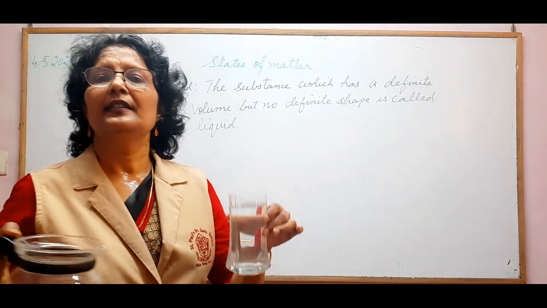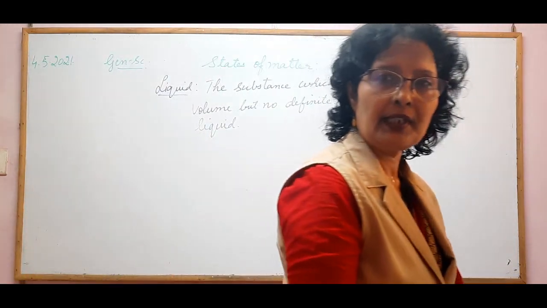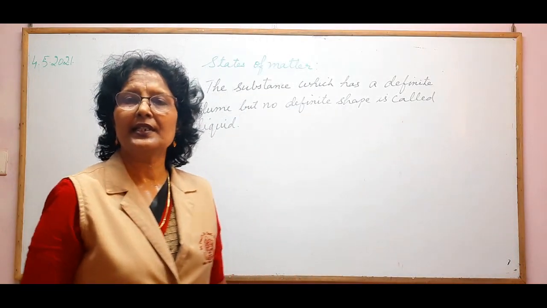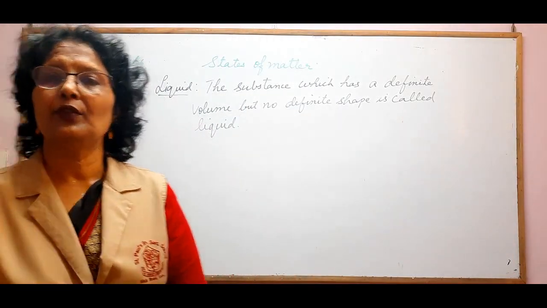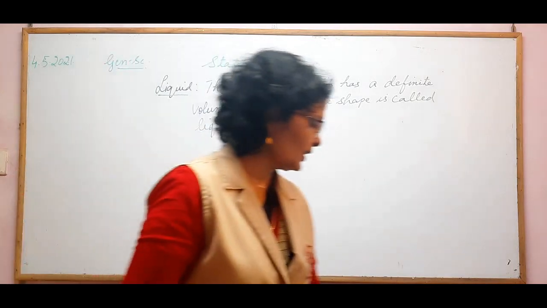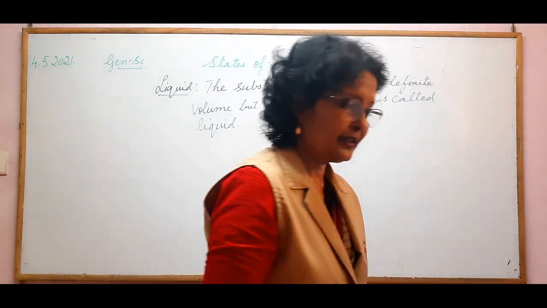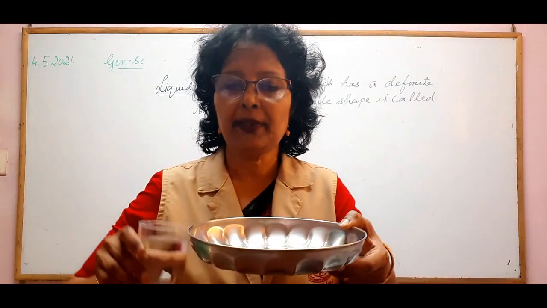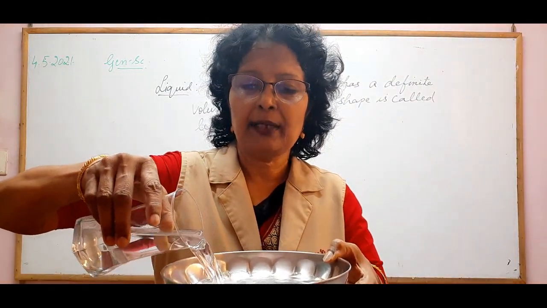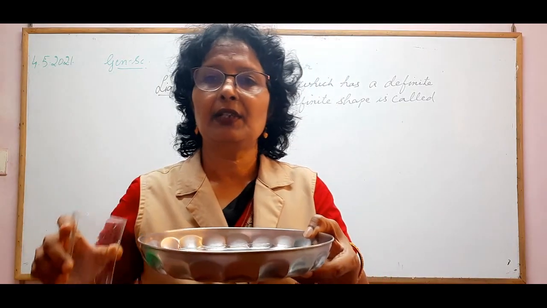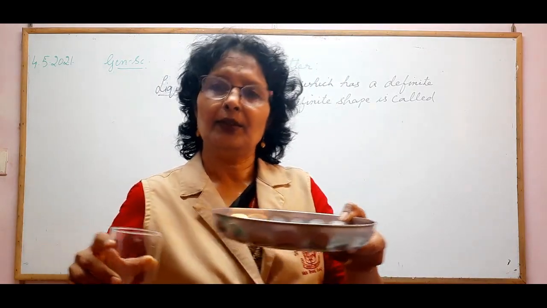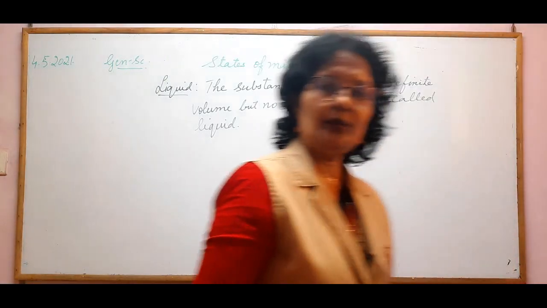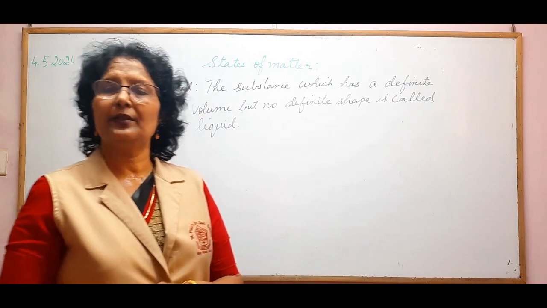So we can say that liquid has got no definite shape. It can flow easily. Liquid flows easily. Is that clear? Now suppose if I pour this in a plate. So what will happen? This will take the shape of the plate. So this is one of the properties of liquid, that it flows.